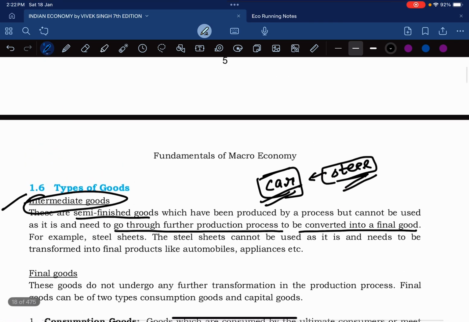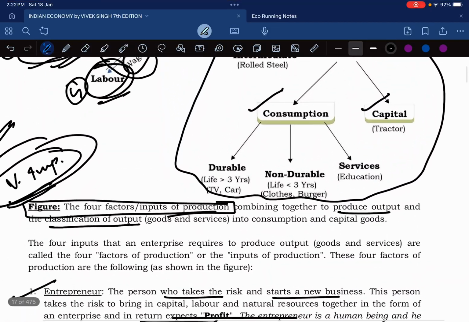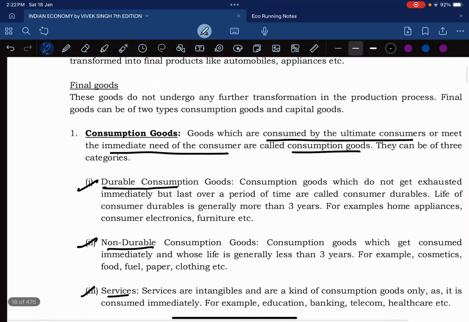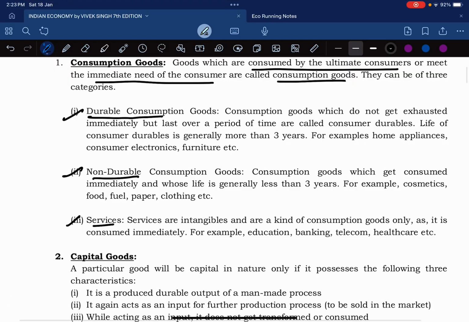Let's see in the figure itself. Durable goods have a lifespan of greater than 3 years, like TV, car, right? Non-durable goods have a lifespan of less than 3 years, where food and clothing come under that. Services refer to education, hospitality, and other things, right? So consumption goods are consumed by the ultimate consumer. They are of three types: durable, non-durable, and services.